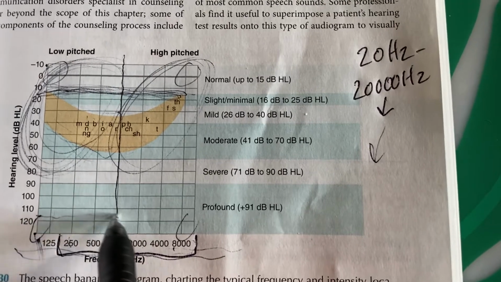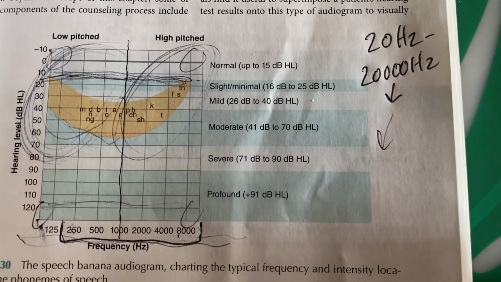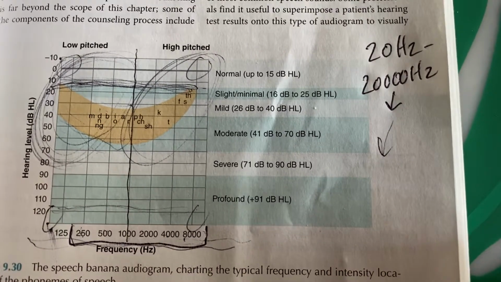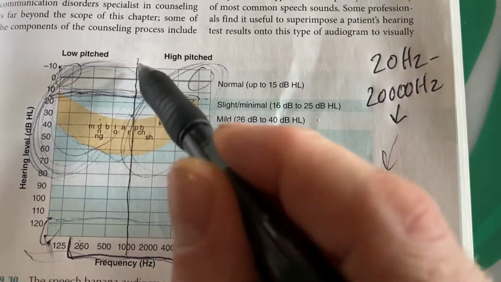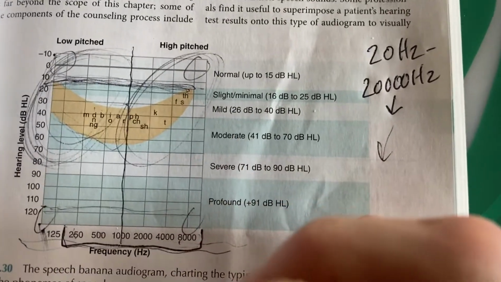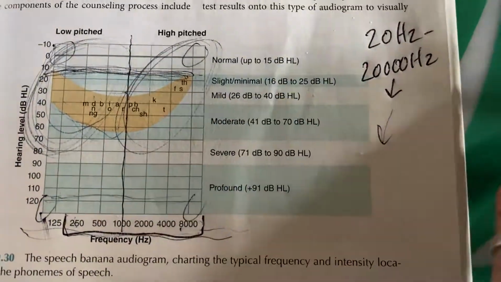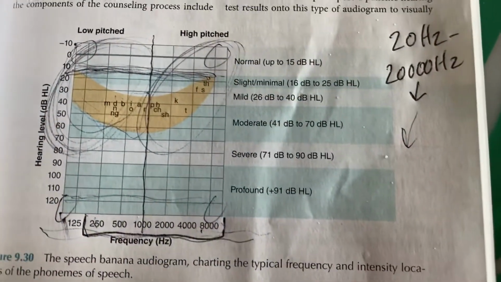Somebody's hearing thresholds that were all the way down here would be said to have a profound hearing loss, meaning that I had to make sounds 110 decibels, 110 units of loudness, before the person barely heard it.